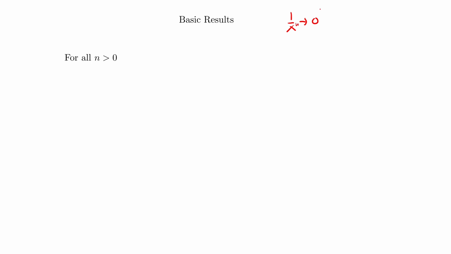Well, it turns out that for any value of n, as long as that n value is greater than 0, and we're assuming positive n here, if we take the limit as x approaches infinity of x to the n, this will equal infinity.